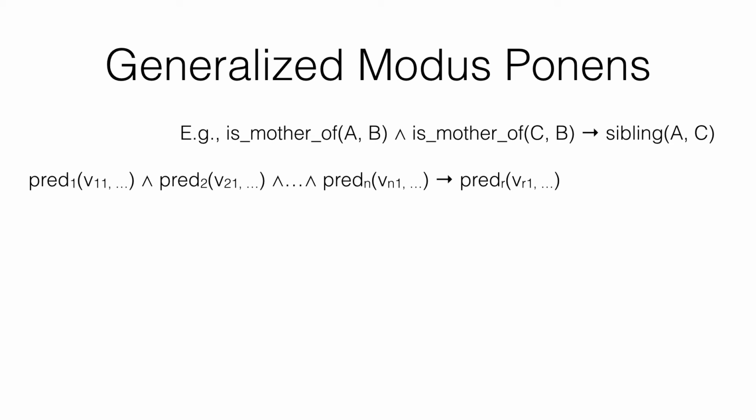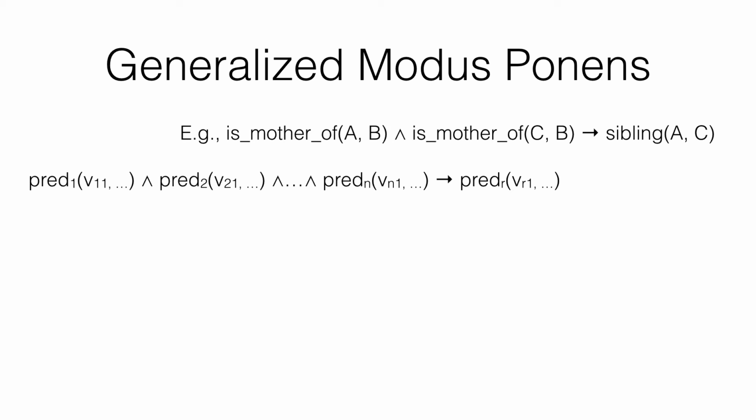You might have something where is mother of A B and is mother of C B implies sibling A C. Right? I think that's logically correct. It's implying that if B is A's mother and if B is C's mother, then A and C are some form of sibling. So one important thing, which is a little bit hard to notate in the very general form, is that we can have repeated variables in this horn clause.